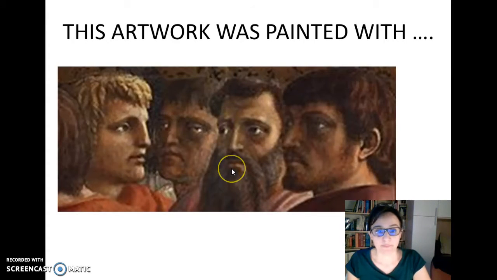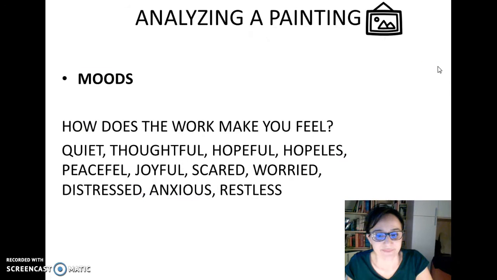For example, if you have a look at this painting that you have just seen on a school trip, this artwork was painted with, you already know the answer, mousse.